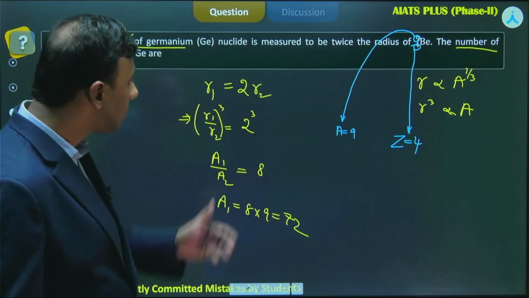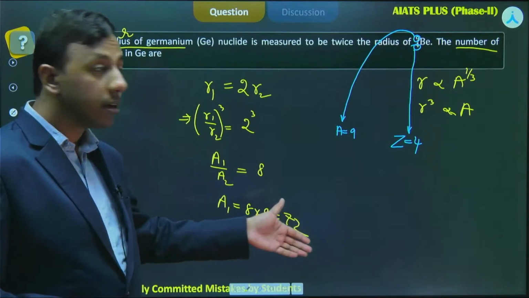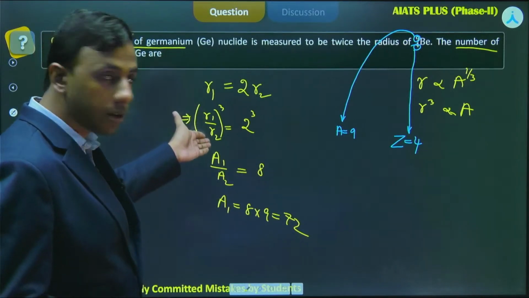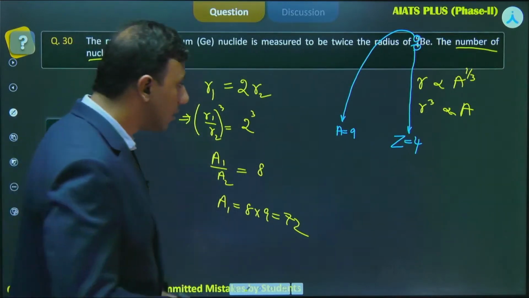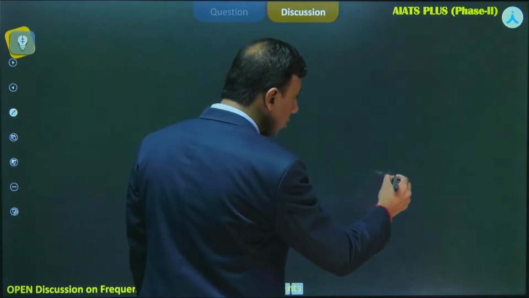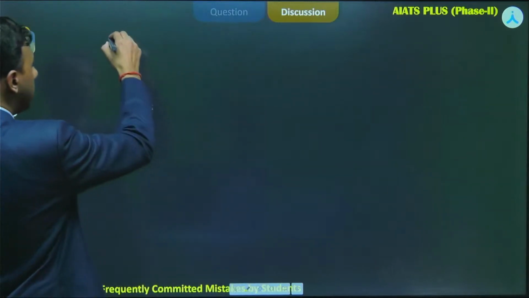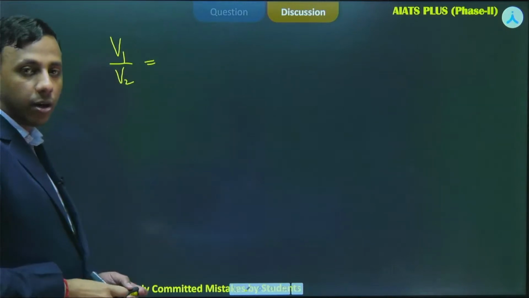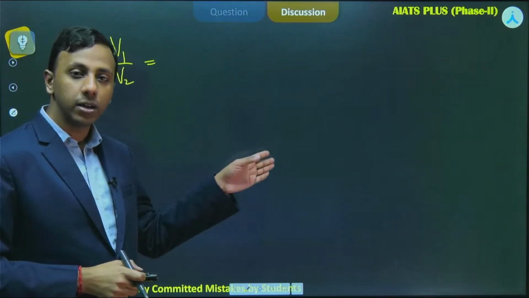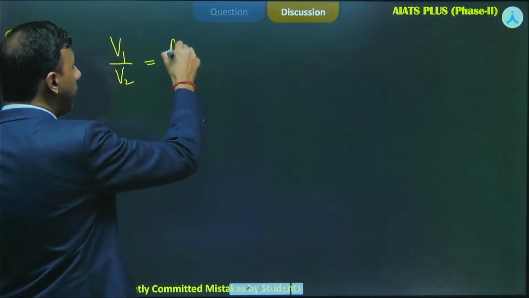Let's say I had asked an additional question: we know the ratio of the radii, so let's say I'm asking the ratio of the volumes. Then what would you do? This also we did last time. The volume ratio is nothing but the ratio of their mass numbers, so it is simply A1 by A2.